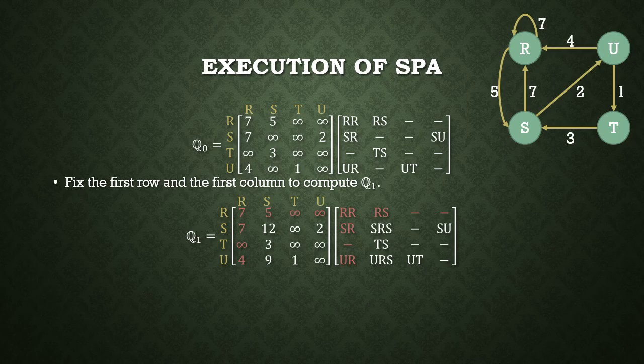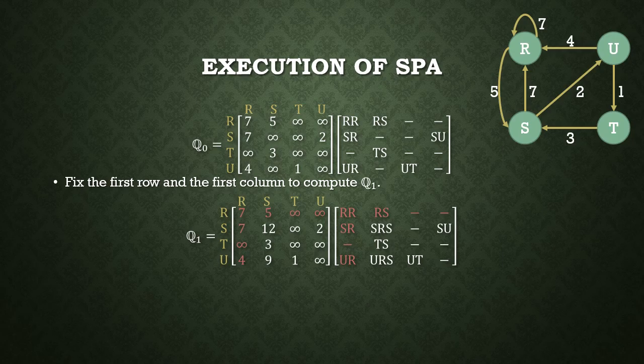So the new value will also be infinity. I let it be. Now I am working with the TU entry. The new value is going to be infinity because it lies at the intersection of infinity and infinity. The old value is also infinity, so I let it be. This completes the row of T.